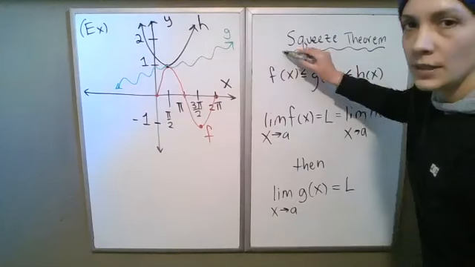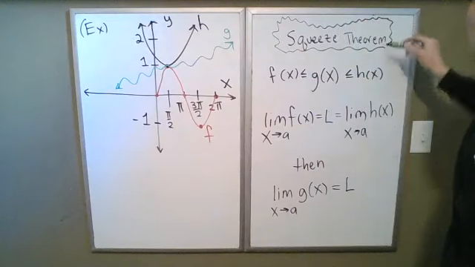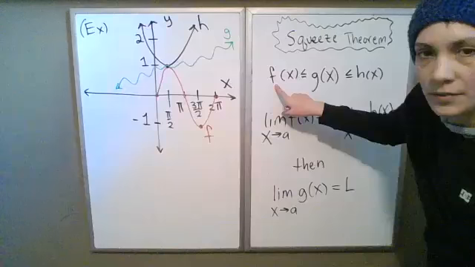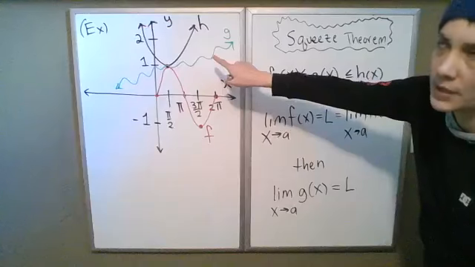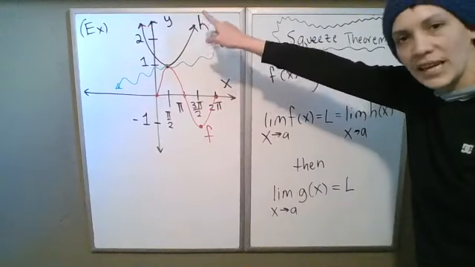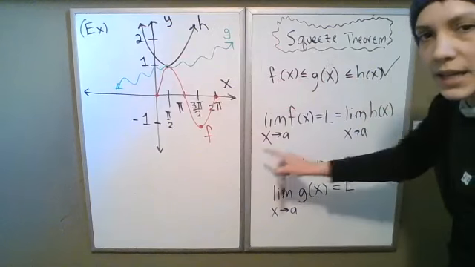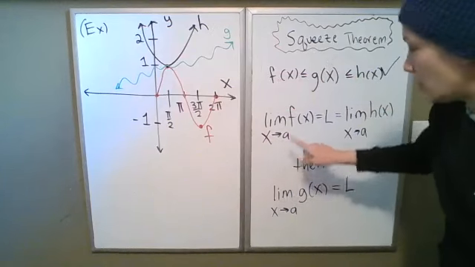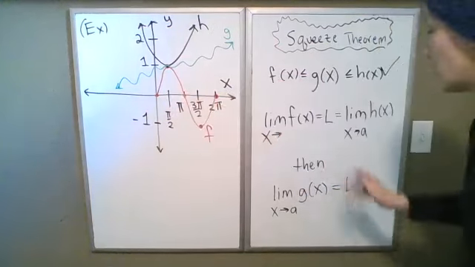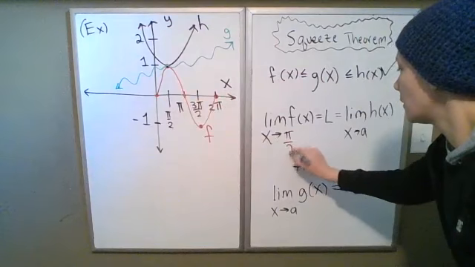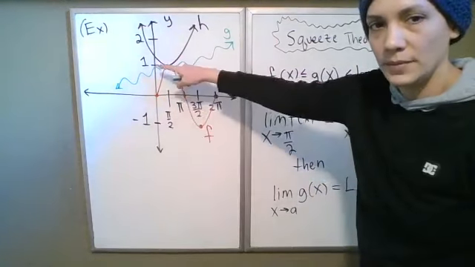So just another example for the squeeze theorem. Again, my function f has outputs less than or equal to my function g, which has outputs less than or equal to that one function h. So the limit as x goes to pi over 2 of f of x is 1.